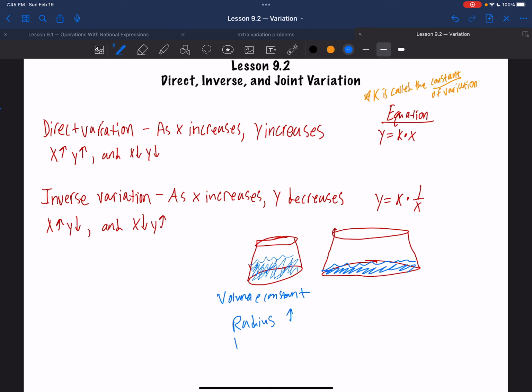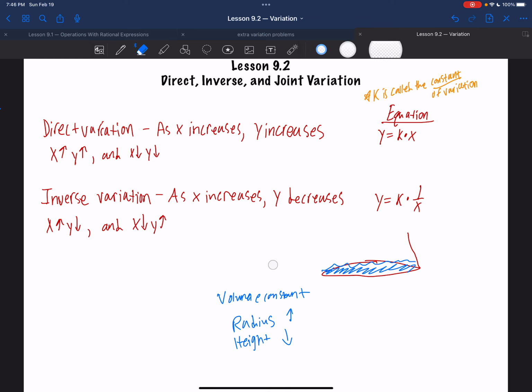But what happened to the height of the water? It decreased. And so this is an inverse relationship, right? As I increase the area, or as I increase the radius of this cylinder, the height of the water in it is going to decrease, okay? And that'll be my inverse variation example.